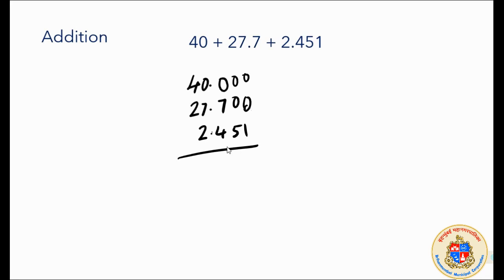And you simply add how you normally add. 1, 5, 11. The balance one will be carried here. And 10, and then it is 70. Understood? So addition is as simple as this. Only take care that these decimals are in a line.